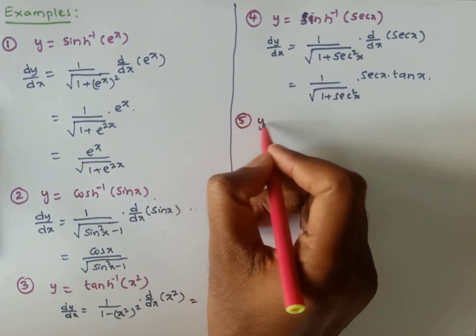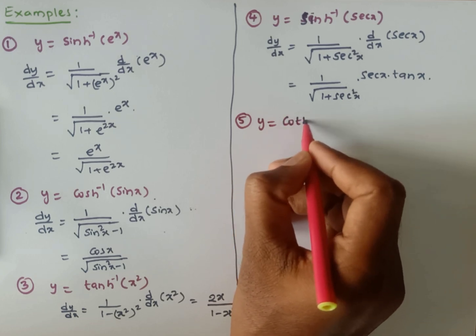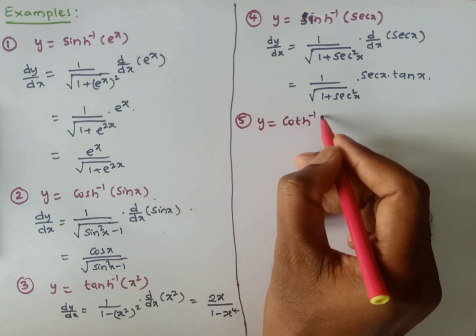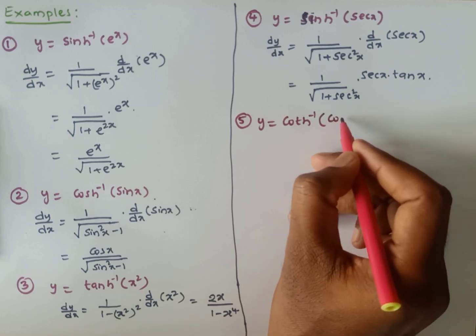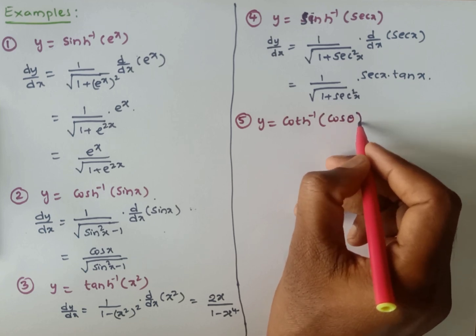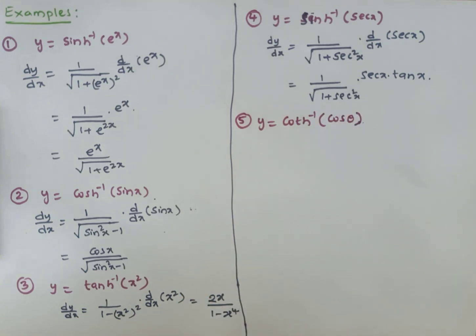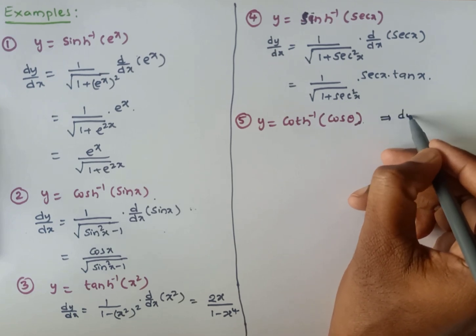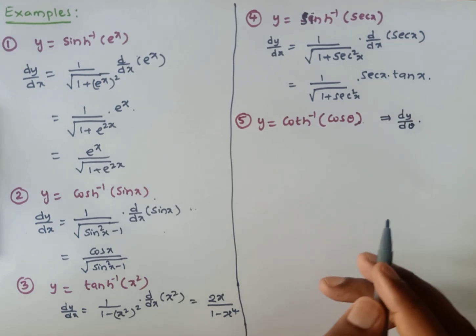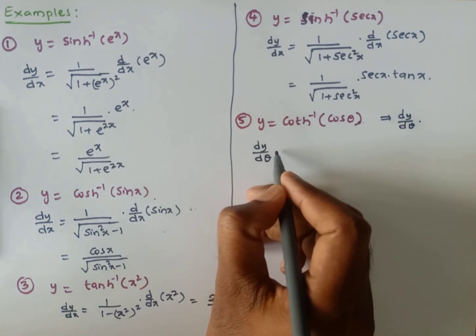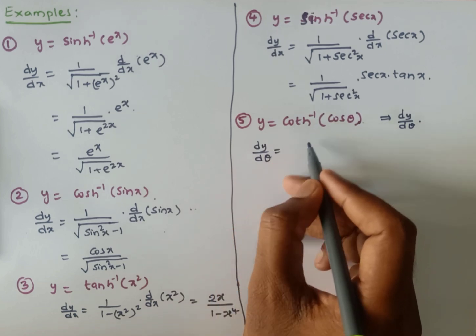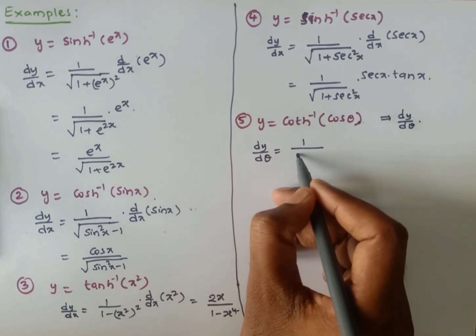Fifth one, y equals coth inverse of cos theta, with respect to theta. You need to find the derivative of this with respect to theta. Here the question is dy by d theta, so the independent variable changes. So dy by d theta equals the coth inverse derivative, 1 divided by 1 minus x square, right?